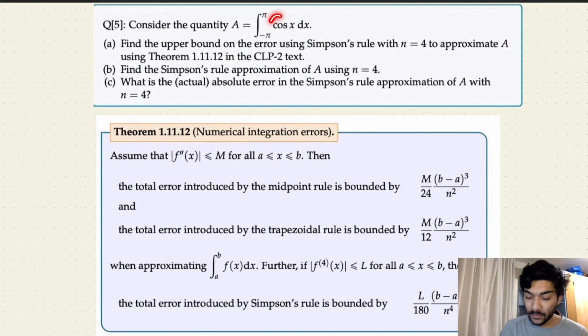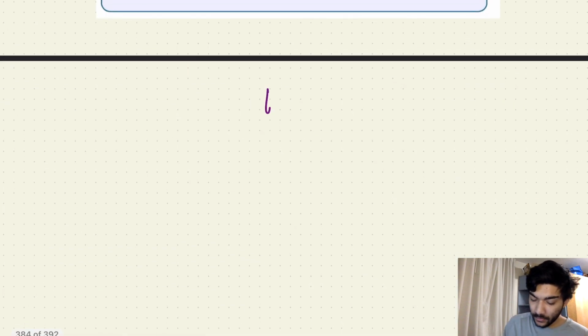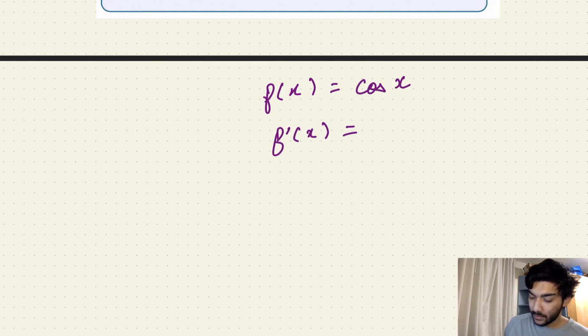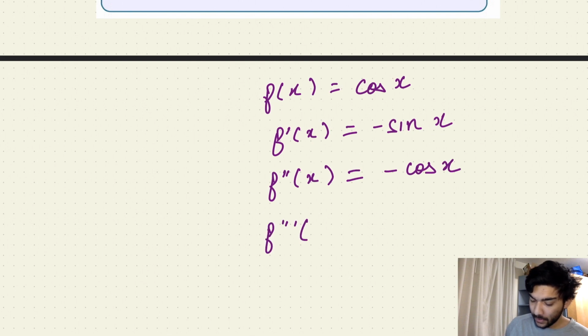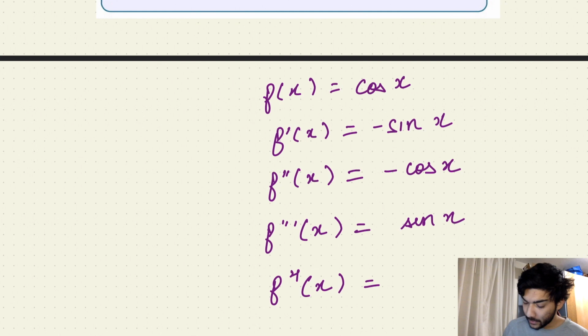Since f(x) is cos x, f'(x) is minus sin x, f''(x) is minus cos x, f'''(x) is sin x, and f⁗(x), the fourth derivative, is cos x.